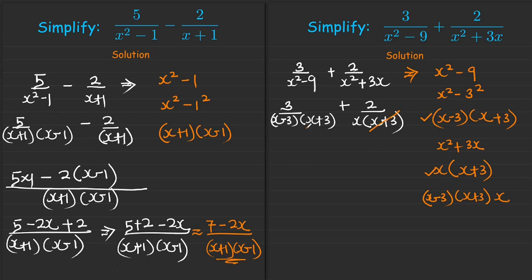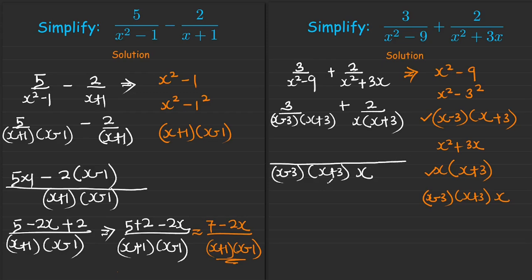Since this is already present here, if we take the whole of this as we did in our previous example, it is going to satisfy. Then all we need to do is to add our x to it, which is what we have here. So our denominator becomes x minus 3, then x plus 3, then times the x.